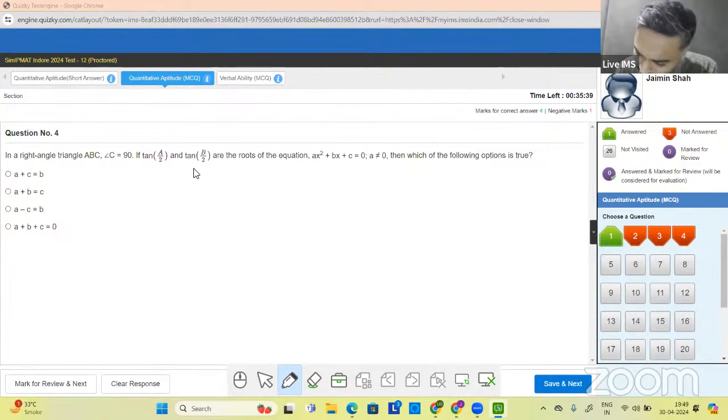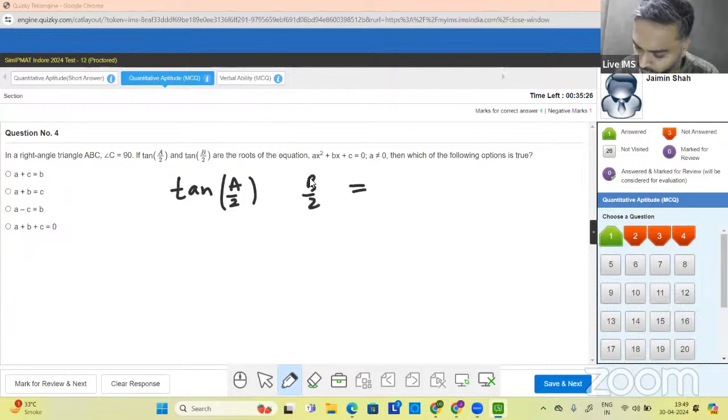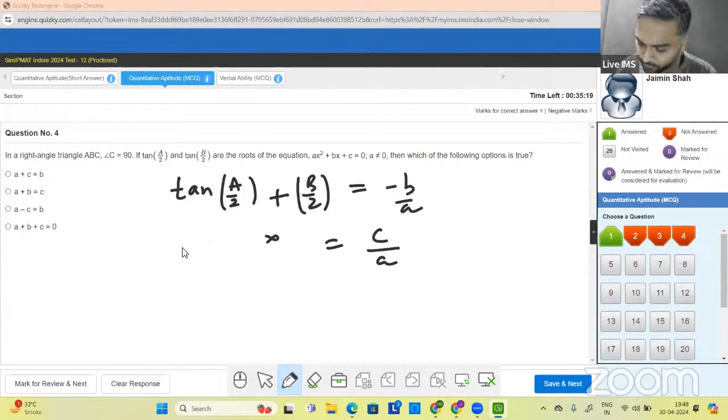Okay, so basically the sum of the roots will be minus b by a, and product of the roots will be c by a, correct? Product of the roots will be c by a.